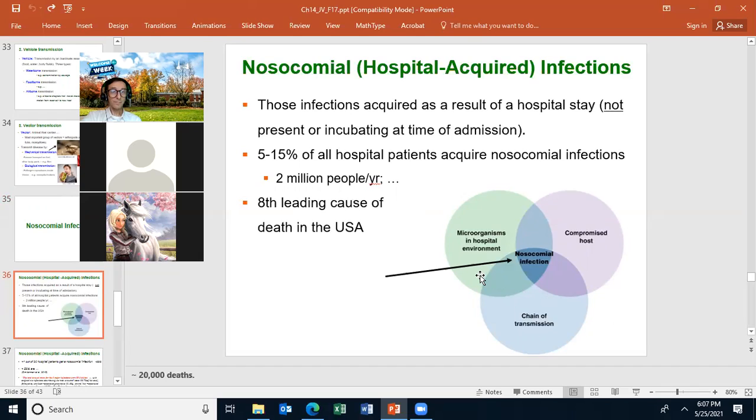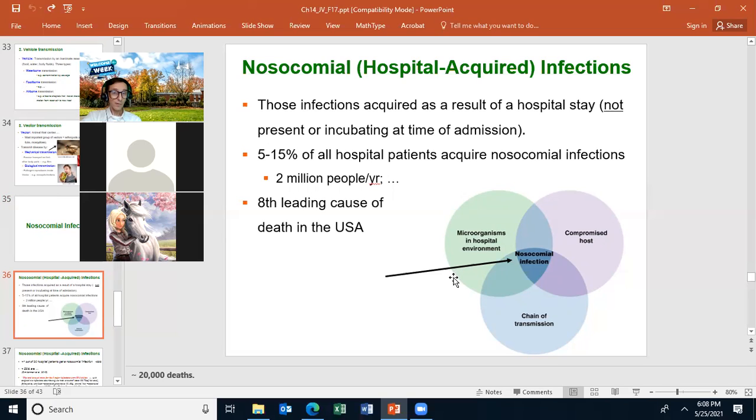Nosocomial infections happen as a result of staying in a hospital or healthcare facility, and the patient would not have gotten them if they had not gone to that healthcare facility. It's estimated that about 5 to 15% of all hospital patients come down with a nosocomial infection.